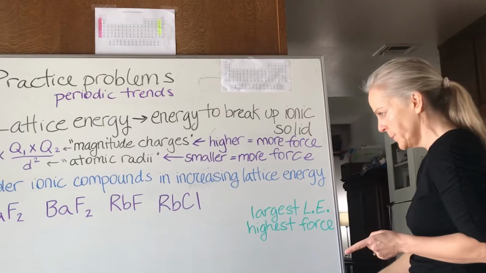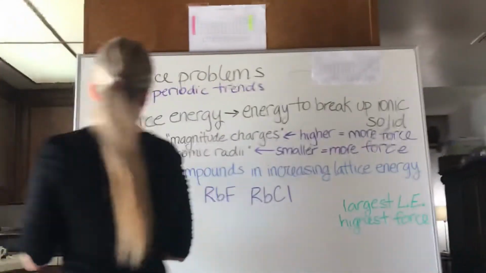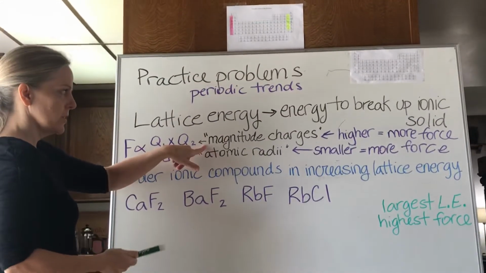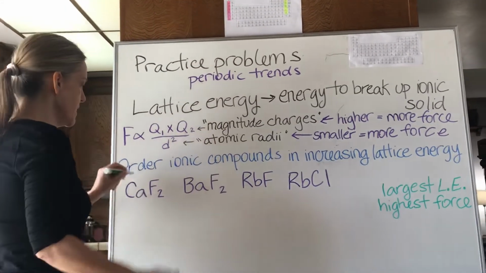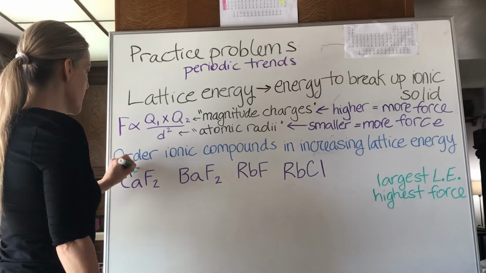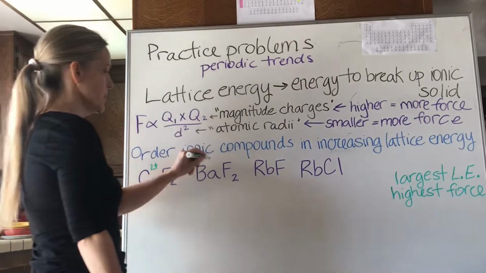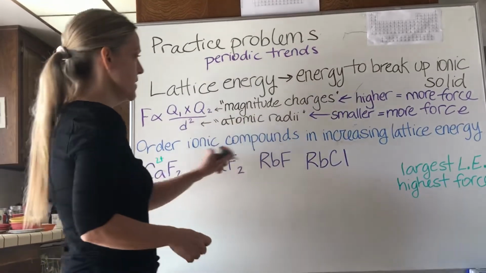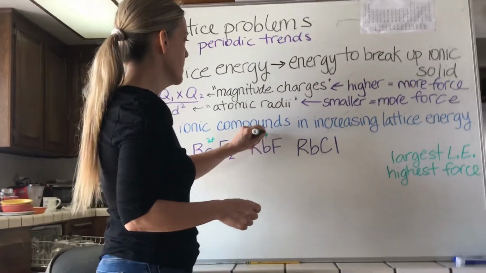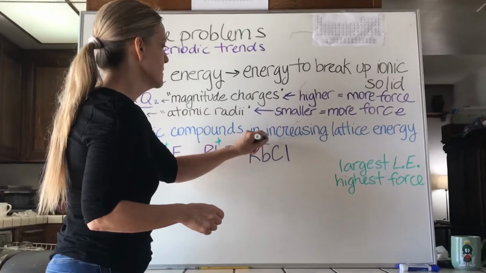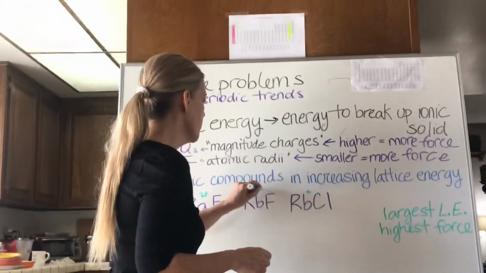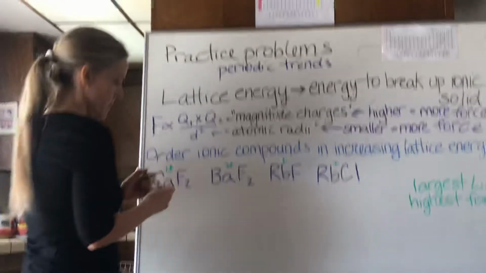First thing you want to do, and the one that has a larger contribution, is look at the magnitude of the charges. So for each one of these, and this is good to go back and refresh, there's charges associated with each one of these cations, depending on their group on the periodic table.